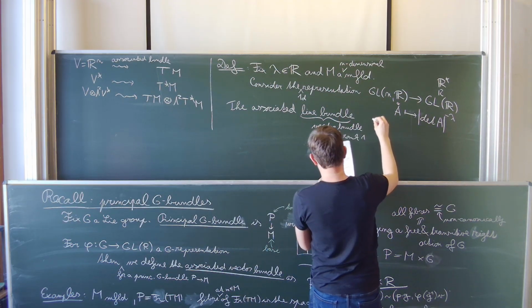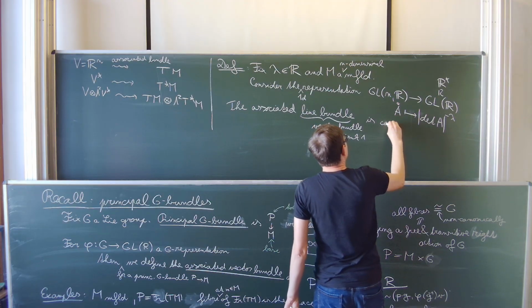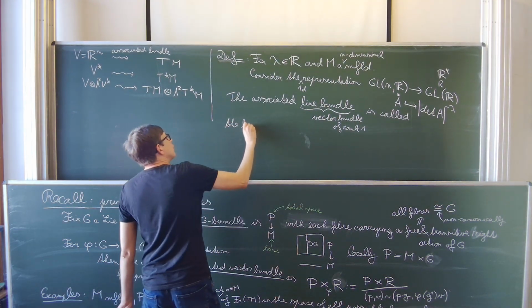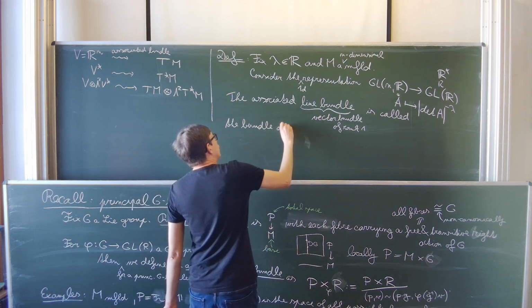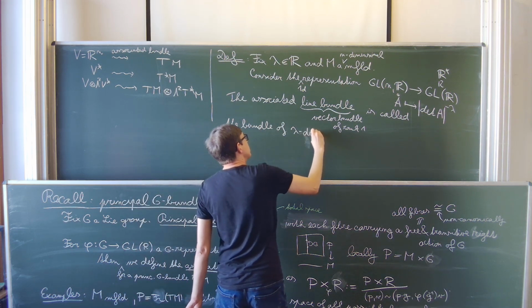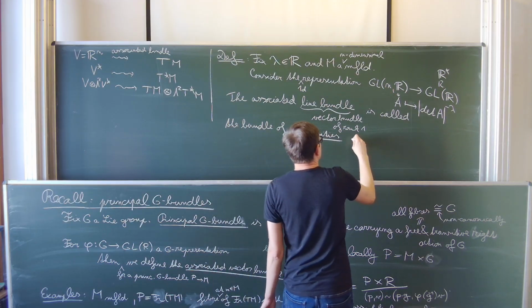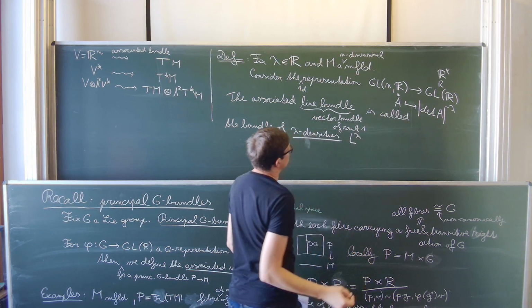Anyway, the associated line bundle is called the bundle of lambda densities. And I will call it L superscript lambda.